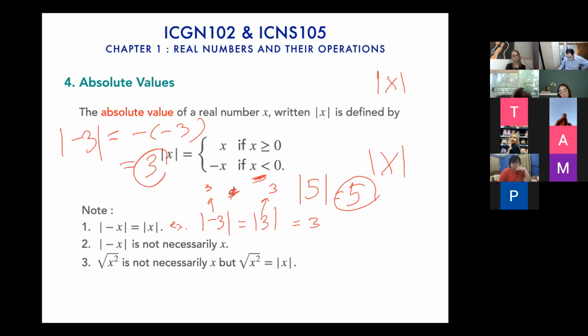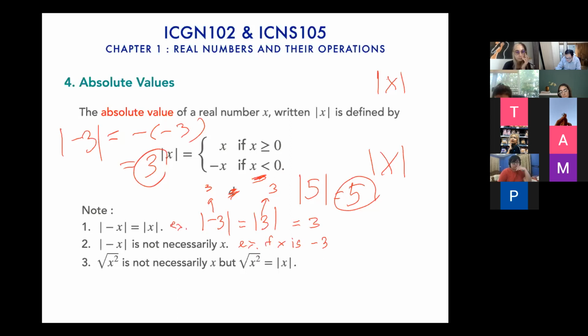The next one: the absolute value of negative x is not necessarily x. For example, absolute negative 5. I'm sorry, this one is easier: for example, if x is negative 3.